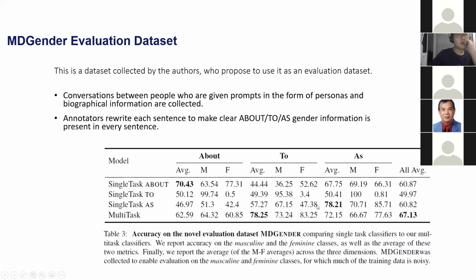Single task as, okay, above 70%. And the multitask performs best on average, because remember that for the single task classifiers, they're trained on only one dimension, while the multitask is trained on all the dimensions, so it performs the best on average.